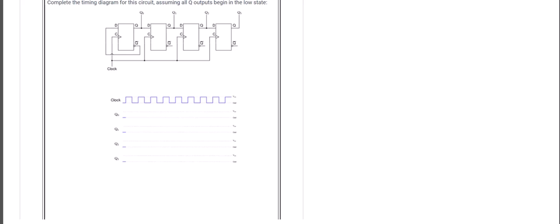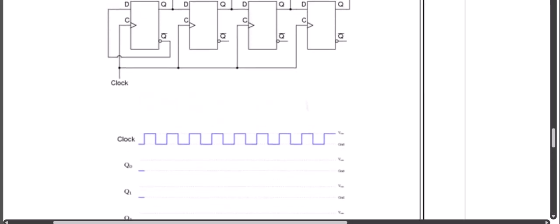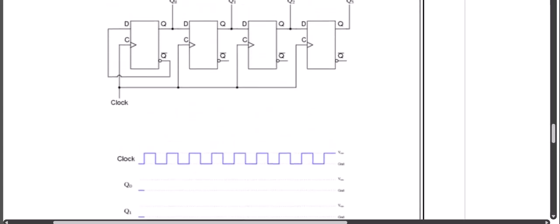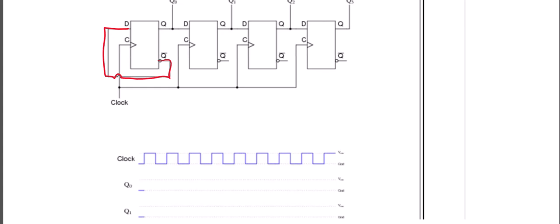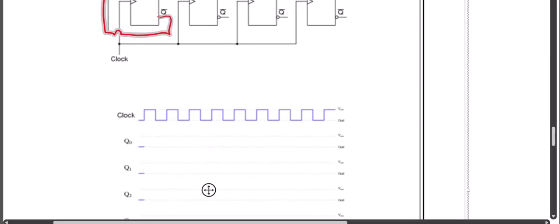So if you look at Q0, here's the not, and that's its input. So it started at 0.